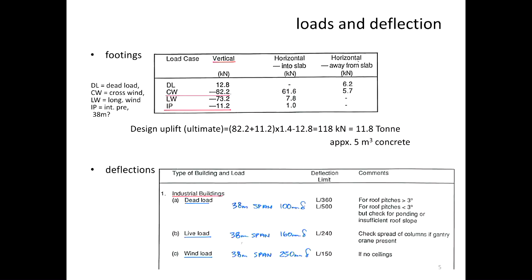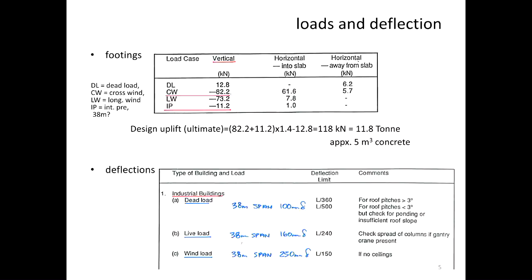Because that tells you how much precast panel or how much weight you have to put on that side to prevent the building from pushing over. So based on that, 11.8 tons, we can estimate that we need a minimum of 5 meter cube of concrete on that crosswind side to ensure that when wind blows, that side doesn't lift off and push the building over.